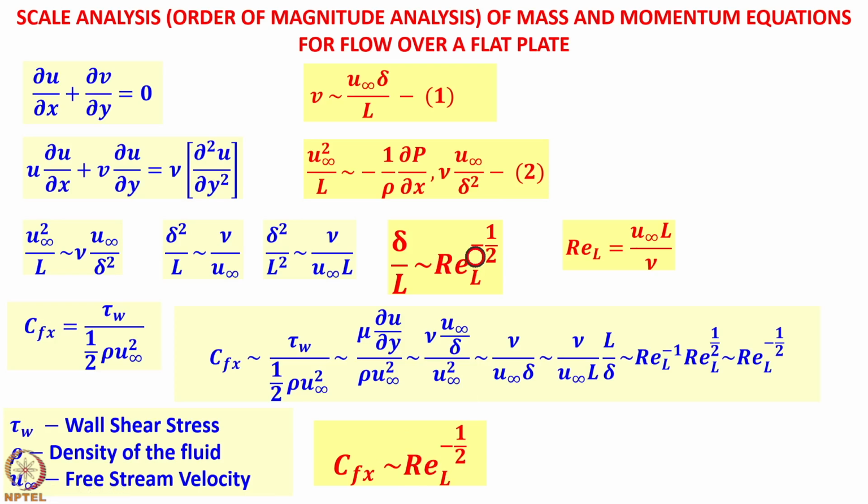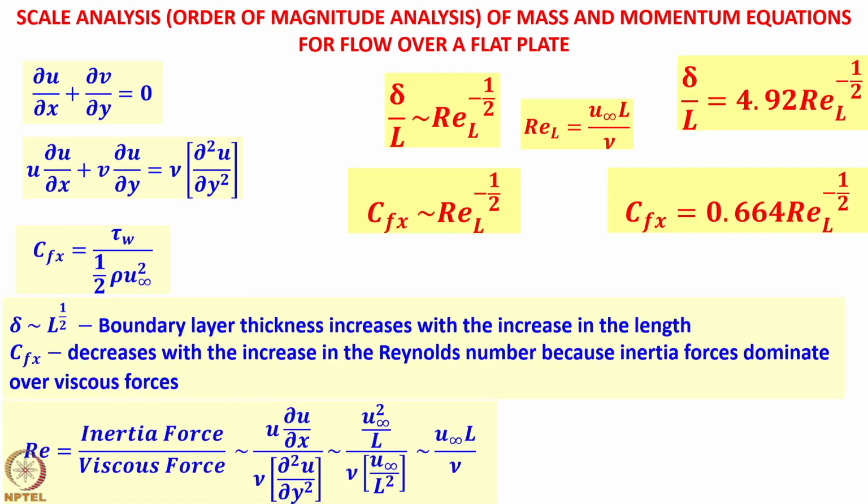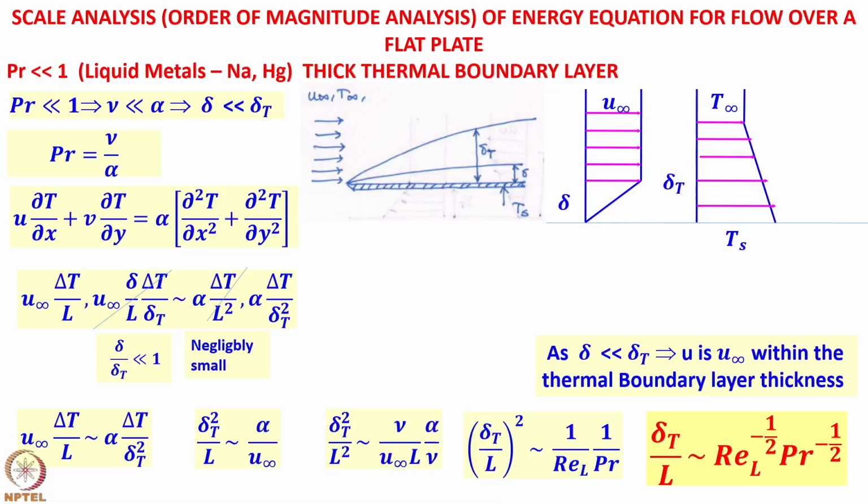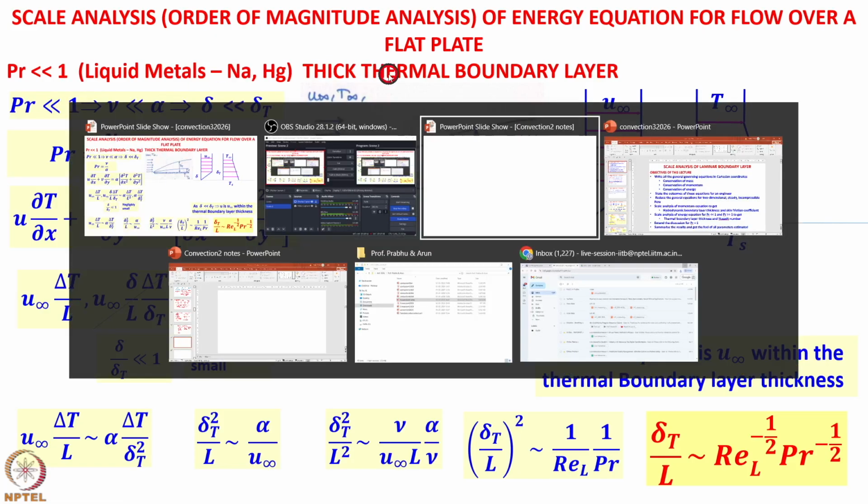Today what we will do is, we will take the energy equation and try to get the thermal boundary layer thickness, and also the Nusselt number for two cases. First we will do with liquid metals, that is Prandtl numbers less than 1, and next we will do for Prandtl number greater than 1.